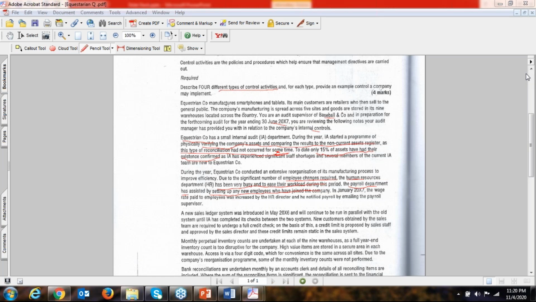So the payroll department, which is responsible for giving the salaries, is now also setting up the human resource. They are also doing the hiring.